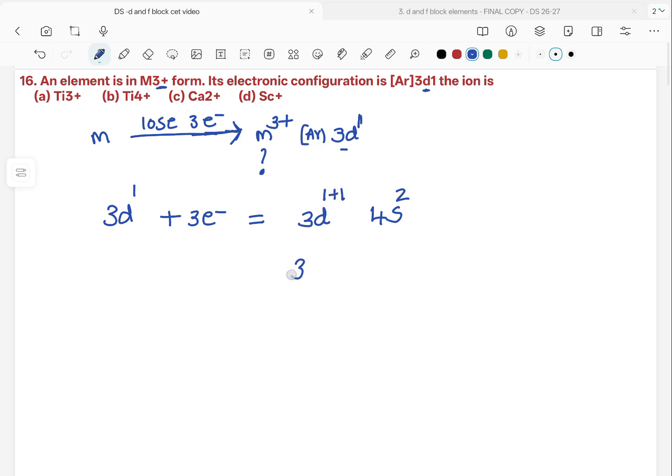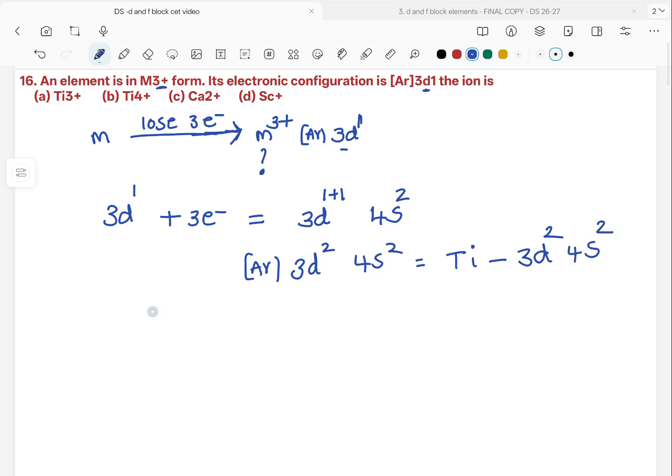Now the configuration becomes 3d2 4s2 followed by argon configuration, meaning 4 valence electrons here, and the element should be titanium, whose configuration is 3d2 4s2.